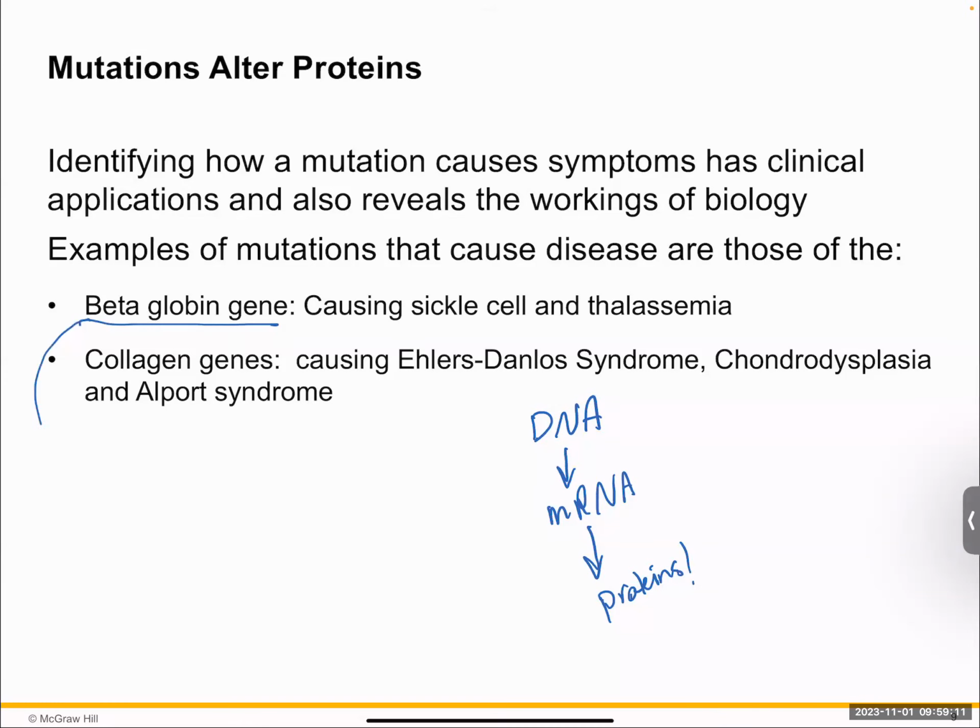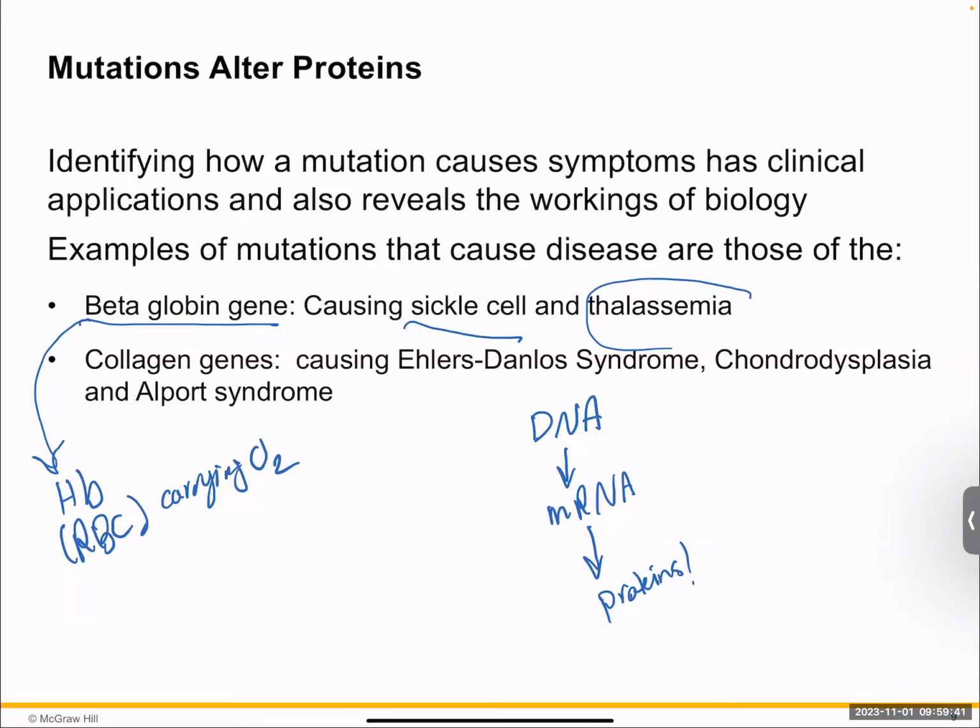If you're interested, it's a gene for a protein called hemoglobin that is found inside your red blood cells for the purpose of carrying oxygen molecules throughout the body. So if there is an abnormality or gene mutation within the beta globin, it can cause a medical condition called sickle cell anemia, or a problem called thalassemia. And I'll talk about that in just a few slides in a minute.